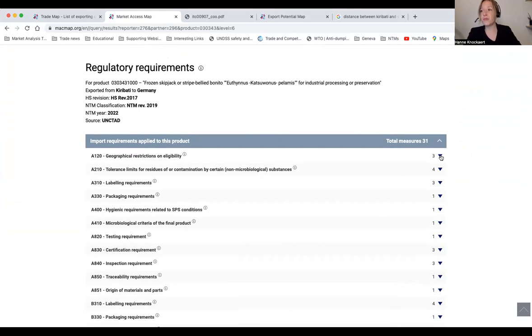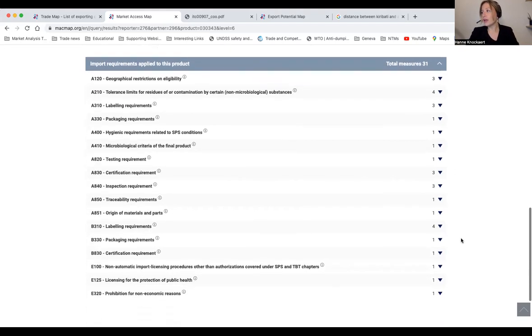So non-tariff measures are legislations you need to comply with without taking into account any trade agreement. So for example, this can be about labeling, this can be about packaging, some hygienic requirements, microbiological criteria, some testing, you need to get some certification, inspection requirements, traceability requirements, etc.